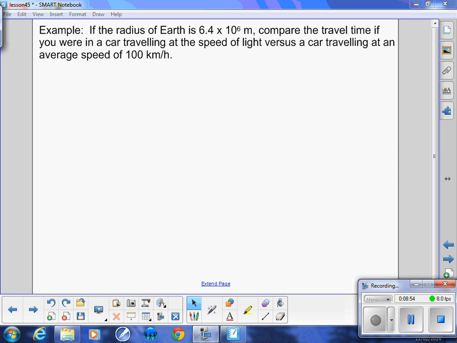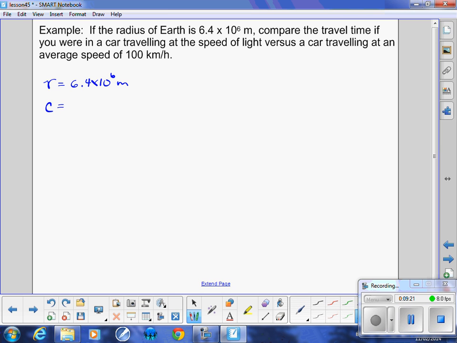All right, a quick example then. If the radius of the Earth is 6.4 times 10 to the 6th meters, compare the travel time if you were in a car traveling at the speed of light, which would be kind of cool, versus a car traveling at an average speed of 100 kilometers an hour. So, information: r equals 6.4 times 10 to the 6th meters. We know the speed of light, 3 times 10 to the 8th meters per second.